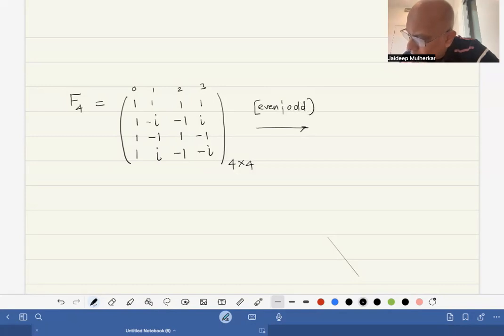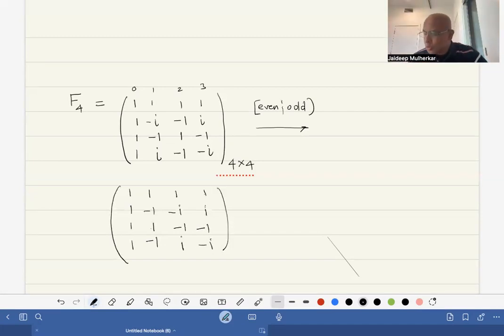So this will give us a new matrix, which is 1, 1, 1, 1, 1, minus 1, 1, minus 1, 1, minus i, minus 1, i, and 1, i, minus 1, minus i.